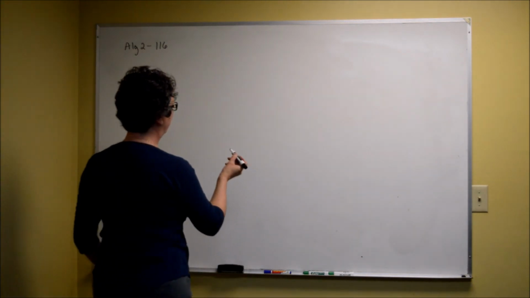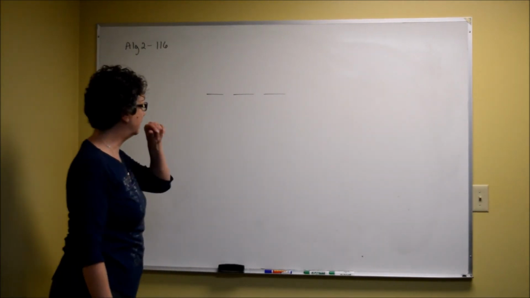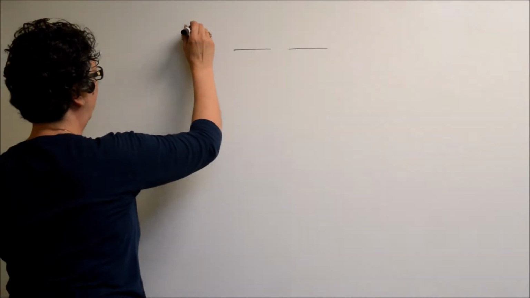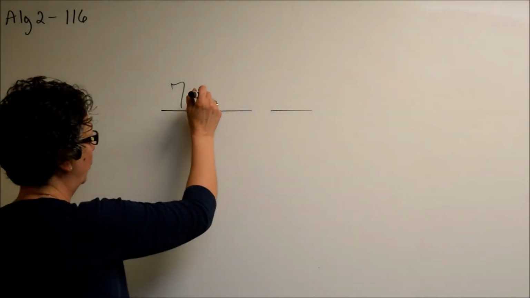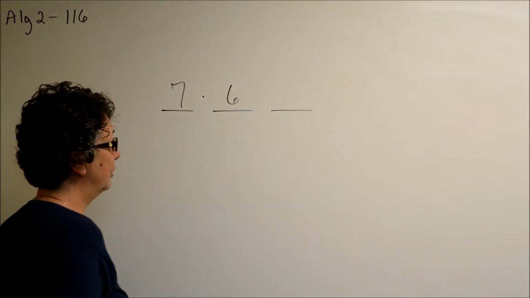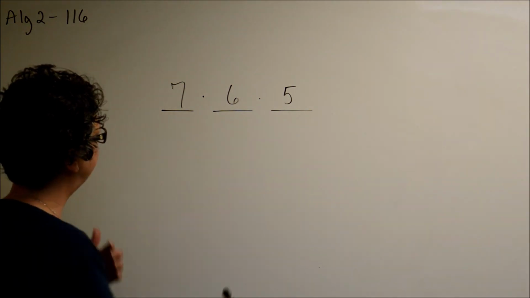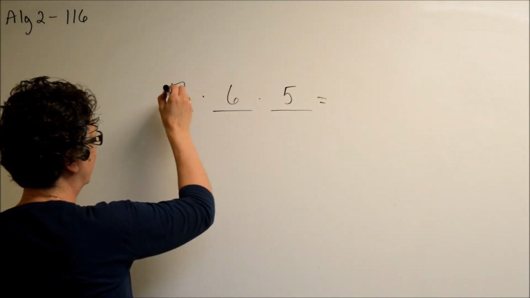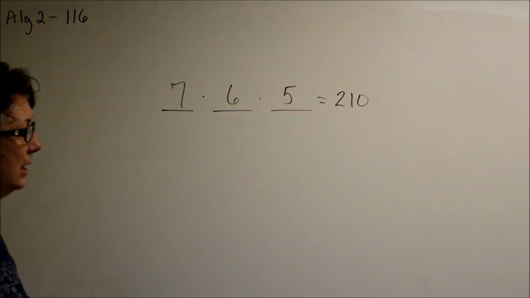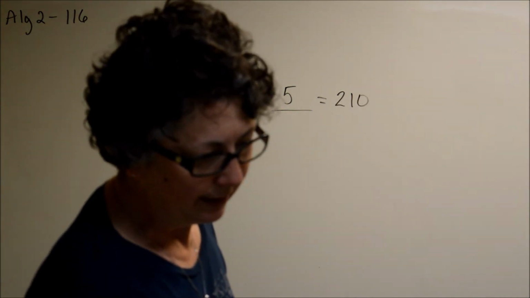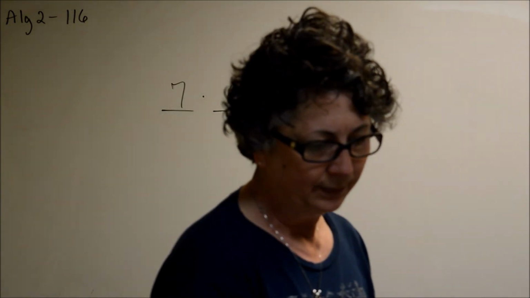So here's my 3 chairs. 1, 2, 3. I have 7 students. So for the first chair, there's 7 possible people that can sit there. Once one has sat, then there's only 6. And then there's only 5. 6 times 5 is 30. 30 times 7 is 210 possible ways that those 7 students can sit in those 3 chairs.